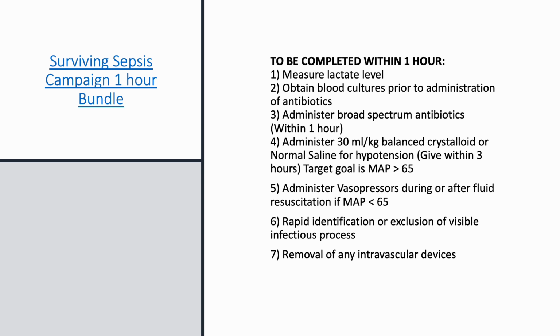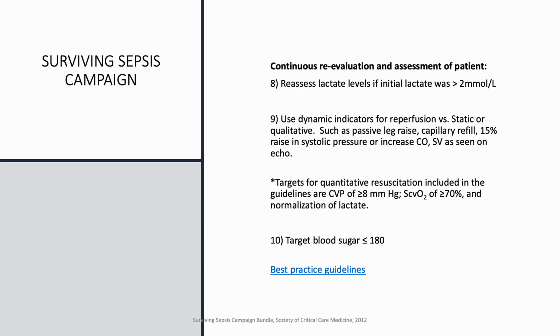You want to look at quantitative resuscitation targets, which include your CVP, again, greater than or equal to 8 or between 8 to 12, your ScvO2 being greater than or equal to 70%, and that your lactate levels are trending down and towards normal. You want to control blood sugar levels. Target blood glucose of less than or equal to 180 milligrams per deciliter to reduce complications associated with hyperglycemia in critically ill patients.